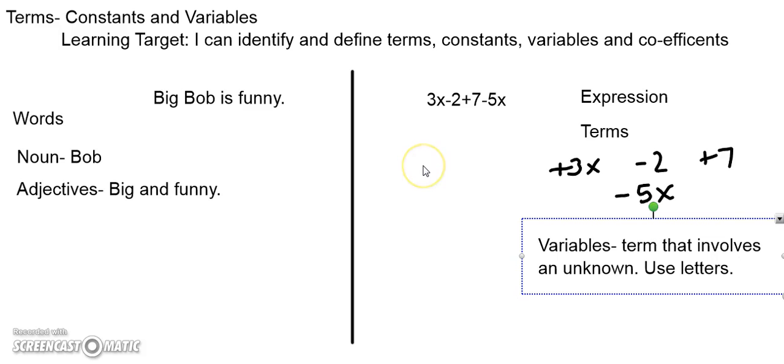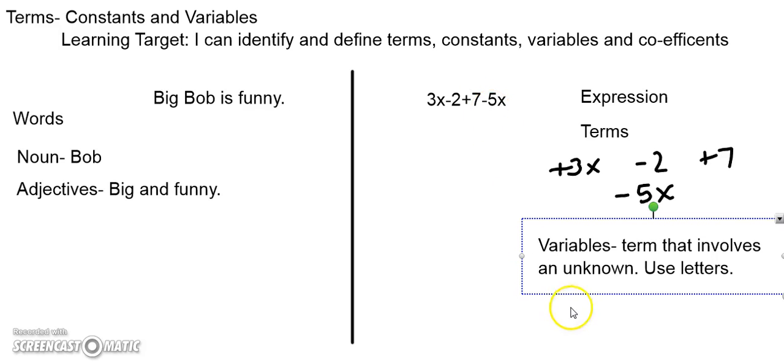Okay, so if I was to ask you what are the variables in this expression, the only variable I have there is x. There happens to be two of them, one right here and one right here. However, it's really important to know what the numbers, the 3 and the negative 5, have to do with it.